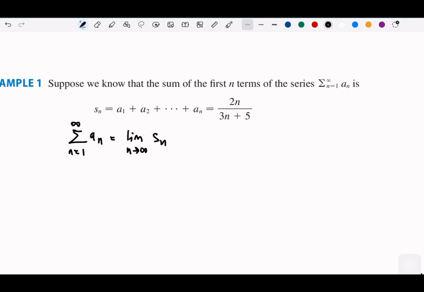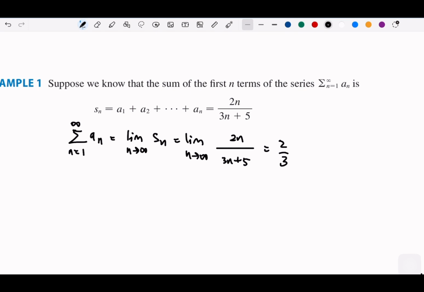Because this is given as Sn, we can just take the limit of this partial sum, and basically we can just write 2/3, right? Agree?